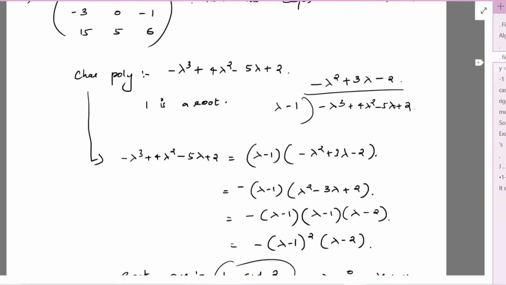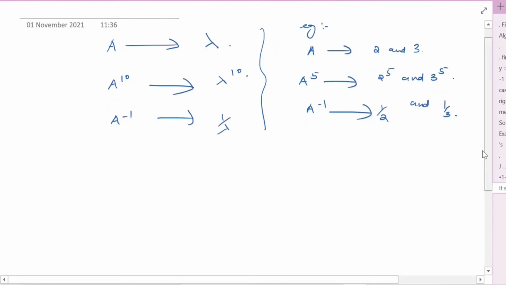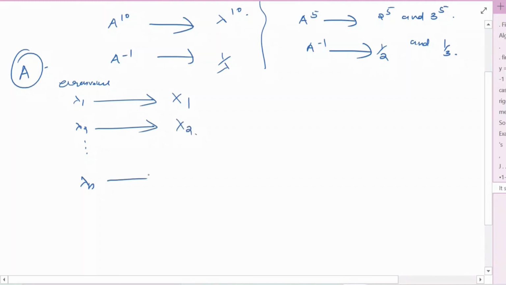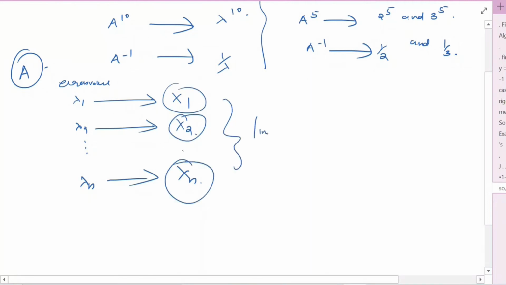That means lambda 1, lambda 2, up to lambda n are distinct, different eigenvalues of a matrix A, and corresponding to each eigenvalue we get an eigenvector: x1 corresponding to lambda 1, x2 corresponding to lambda 2, up to xn corresponding to lambda n. Then that property says x1, x2, up to xn are linearly independent.